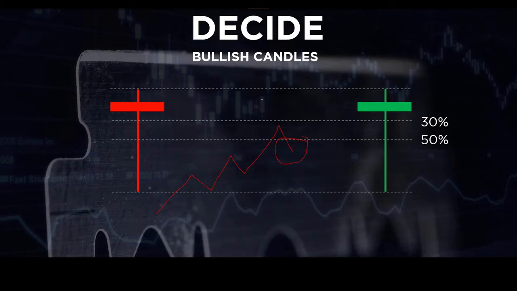Red or green, doesn't matter. Say it with me. Open and close in what? Upper 50% this time. Open or close in what? Upper 30. And you need both of those rules to be met. Hooray. I think everyone's got it. If you haven't, watch this recording over and over again.